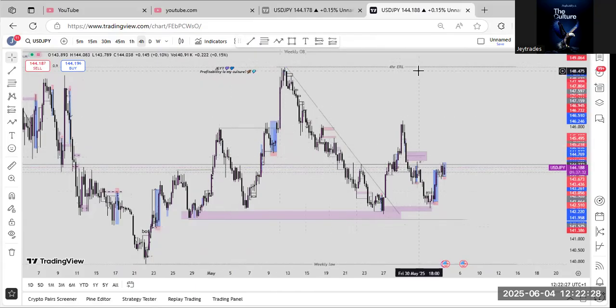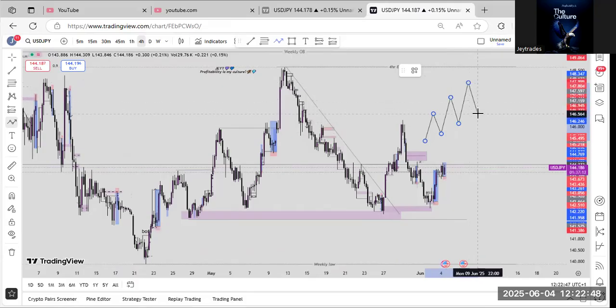But you understand market structure: whenever price makes a high like this, a higher high, it will definitely pull back to a certain point and then continue its uptrend, pull back again, break structure, pull back again, break structure, and pull back.